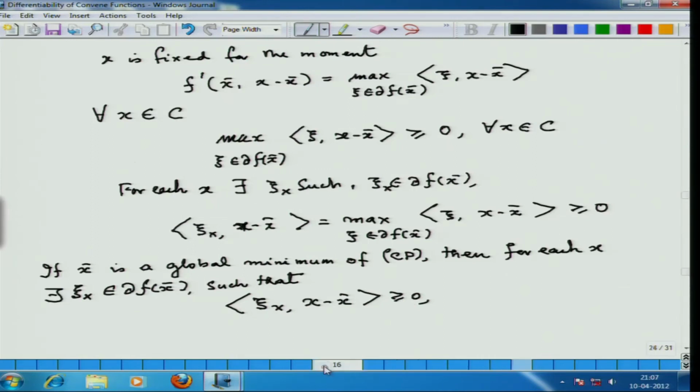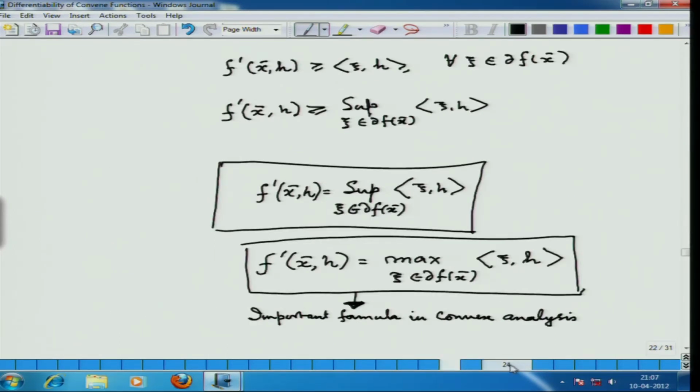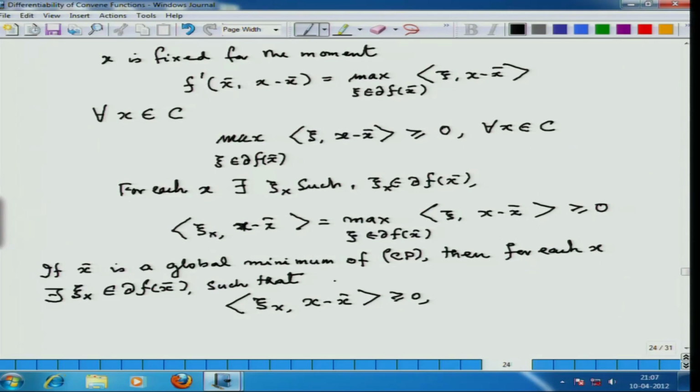Now, if you go back a little bit earlier, my formula said that there exists a xi element of this. My guess was that this will hold true for all the x's with the same xi, but I seem to have got something slightly different. What is that difference? That for every x my xi x changes. Okay, there is no harm, I have perfectly deduced it.